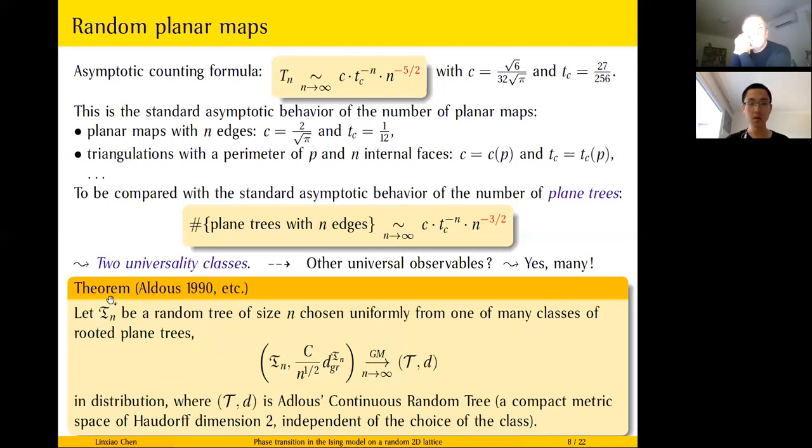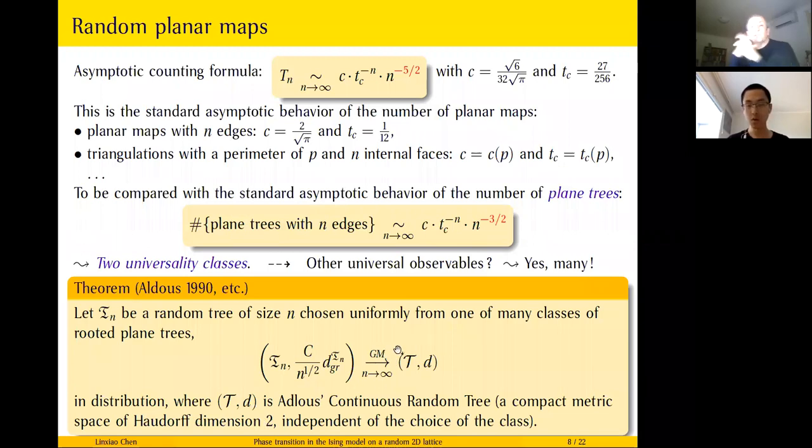He proved that if you look at a random tree of size n, chosen uniformly from one of many reasonable classes of rooted plane trees, and you look at the graph distance on the tree, and you renormalize the graph distance by this factor, then this couple, viewed as a discrete metric space, converges when n goes to infinity to a continuous metric space, weakly, in distribution, with some topology that I will not explain here.